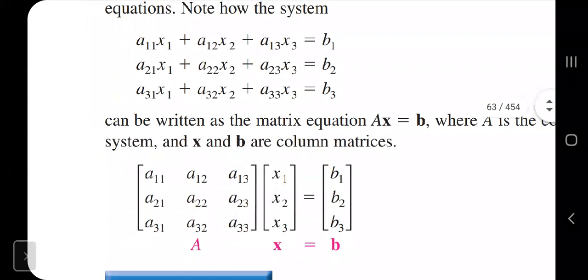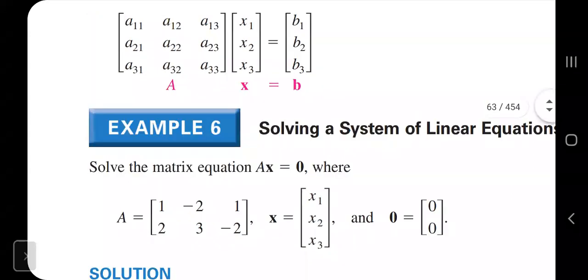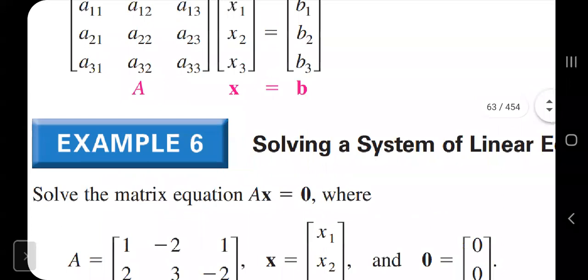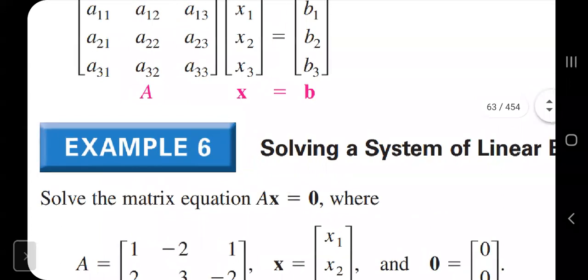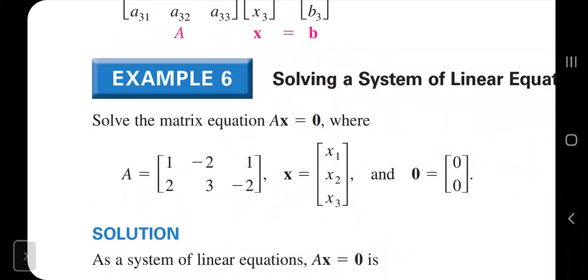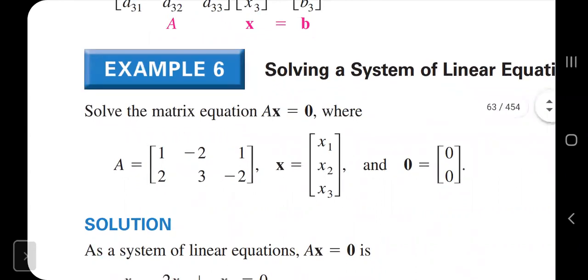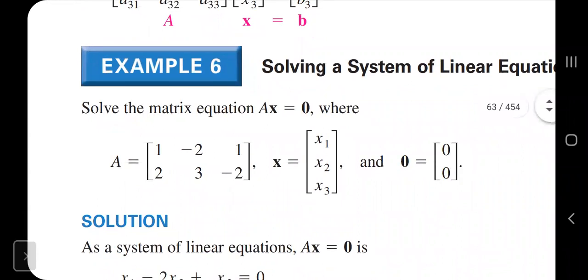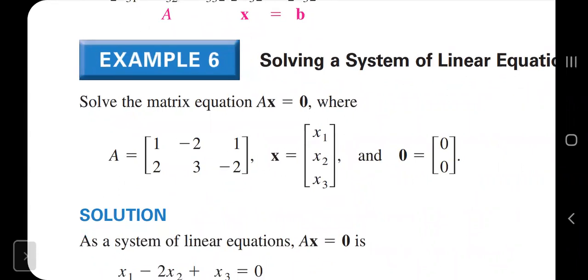So if I have a matrix equation AX equals 0, where A is 1, negative 2, 1, and X is the column of the variables, and 0 is, by the way, the bold 0, which means the 0 matrix, not the number 0. So AX equals 0 means the 0 matrix, this vertical 0, 0 matrix.